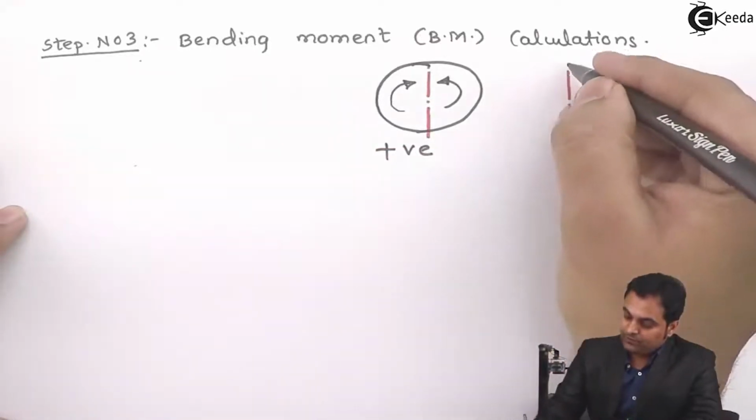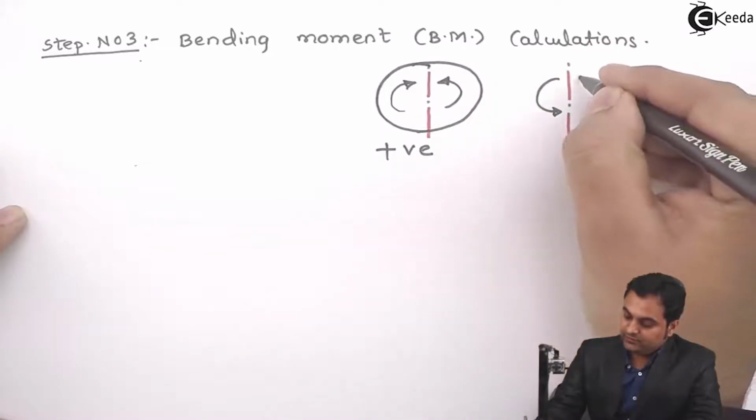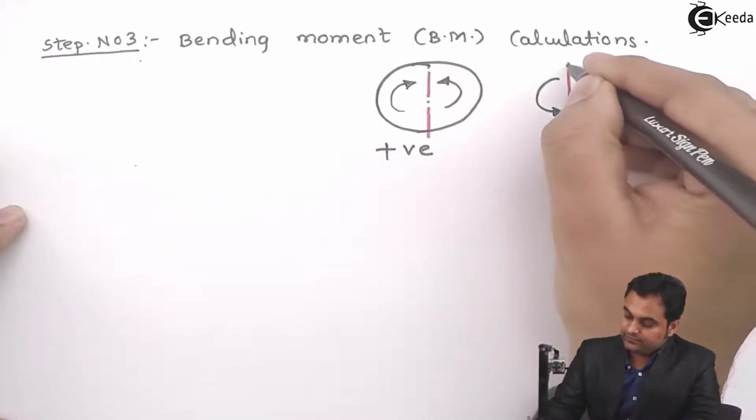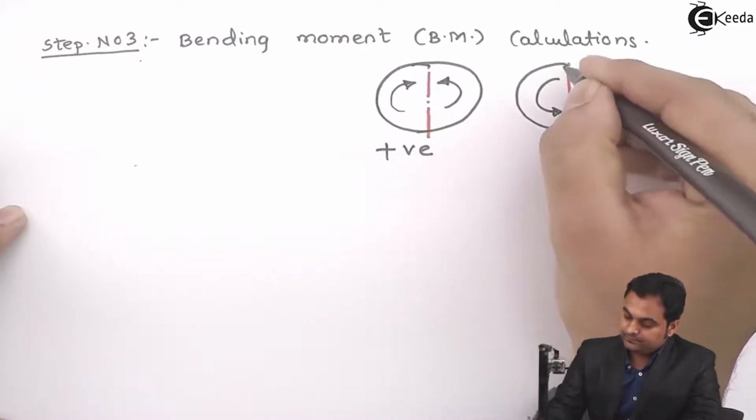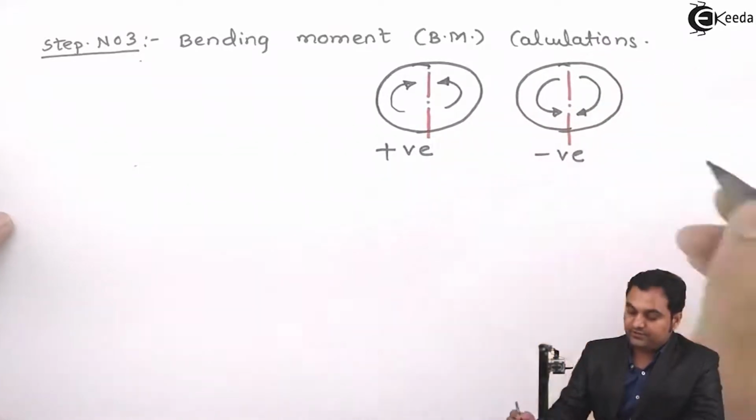Then to the left of the section, anti-clockwise moment, and to the right, clockwise moment, both are treated as negative.